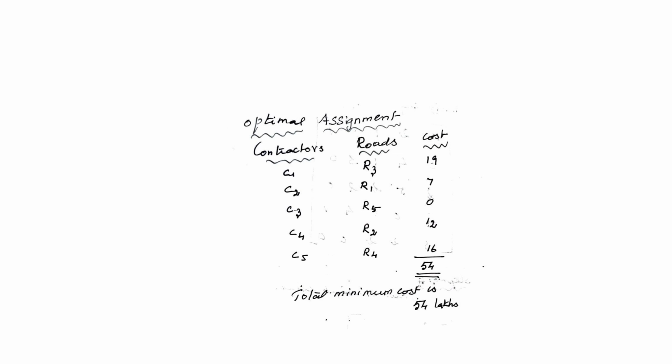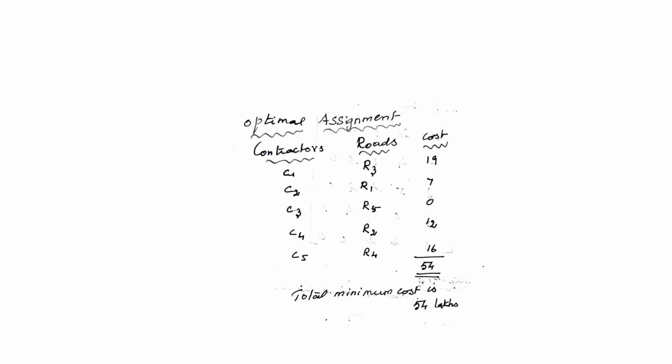Fourth row assignment is the second column, and in the last row we are making the assignment in the fourth column. You check here, all the rows and all the columns have a single assignment or single encircled zero. So we have an optimal assignment.